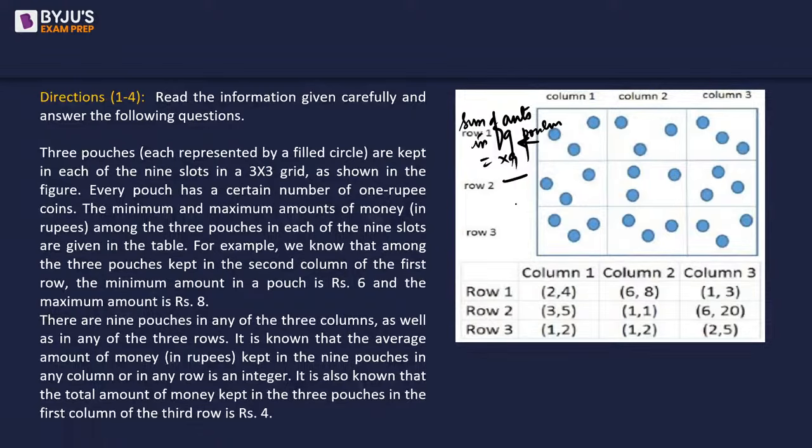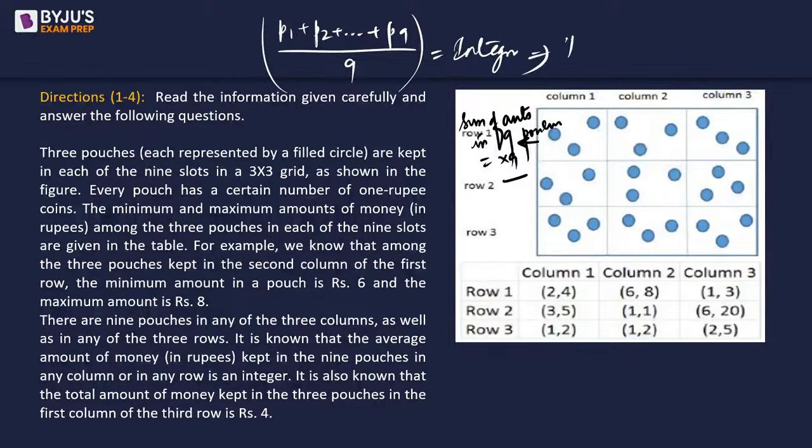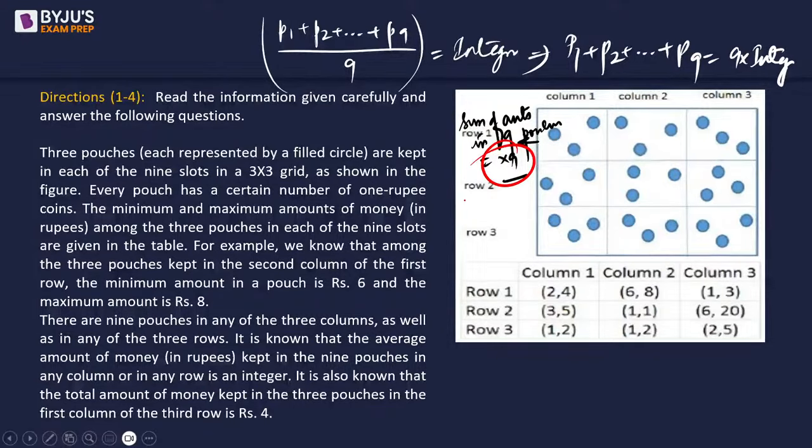See, what I'm trying to tell you is if pouch number 1 plus pouch number 2 and so on plus pouch number 9, divided by 9, is the average of the amount in these 9 pouches, and that is given as an integer, then we can say that the sum of the amounts in the pouches from P1 to P9 should be 9 into an integer. In other words, it should be a multiple of 9. Okay, keep this in mind. This may be the deal breaker.